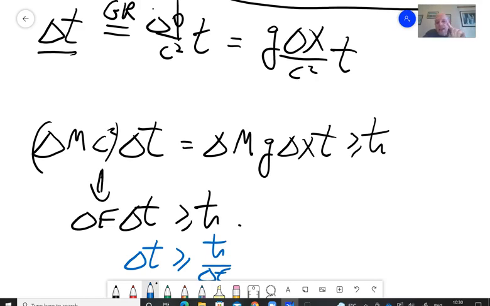So what Einstein missed is the redshift effect of GR, that there is a time difference, time dilation, or redshift due to the gravitational field.